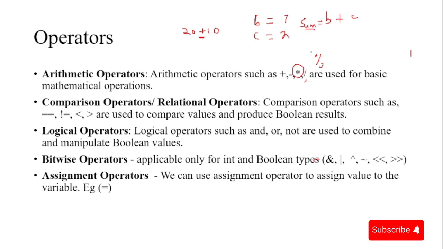The subtraction is simply you remove the addition sign, then you put the subtraction sign. The same applies to division and the modulus operator. The modulus operator returns the remainder of the division.